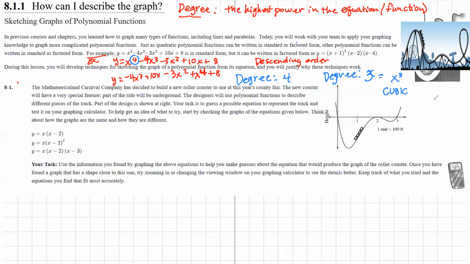Those are cubics, right? And we know that a cubic equation looks something like this, kind of like a roller coaster. So a cubic kind of looks like this. And if it's degree 2, what family of functions is that?